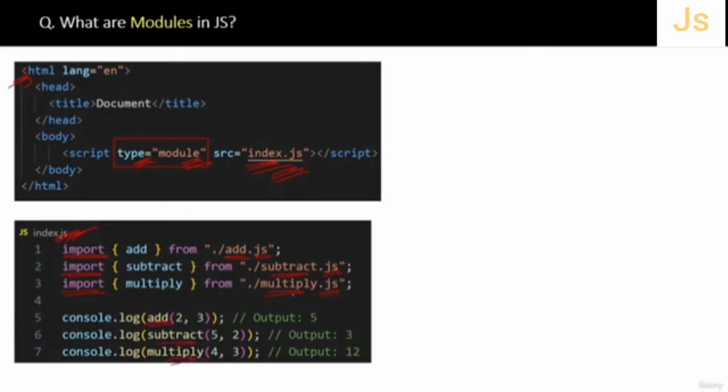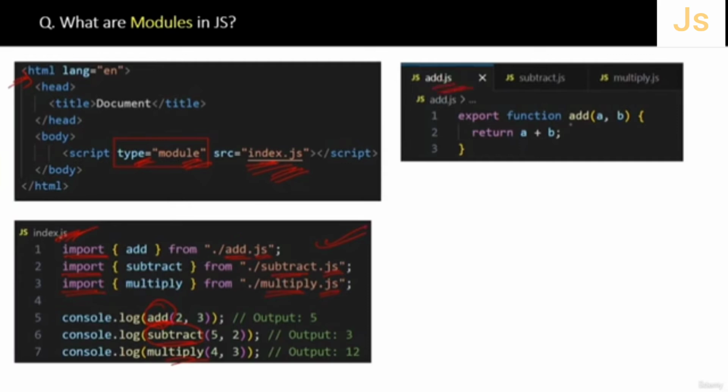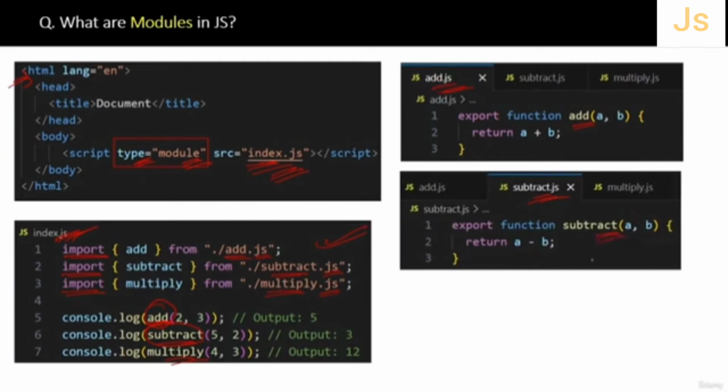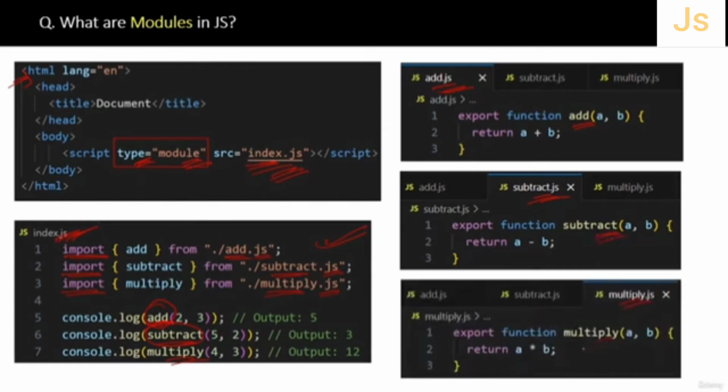But where are the declaration and body of these functions? These methods are not in this index.js file. These method bodies are in other files. For example, the add method is here in the add.js file, subtract method in the subtract.js file, multiply in the multiply.js file. The point is, in a big application, there can be many functions like this.